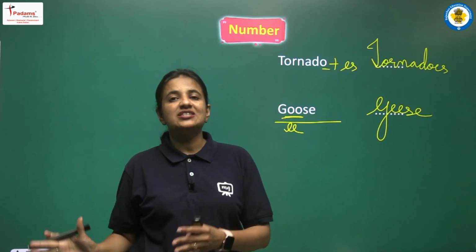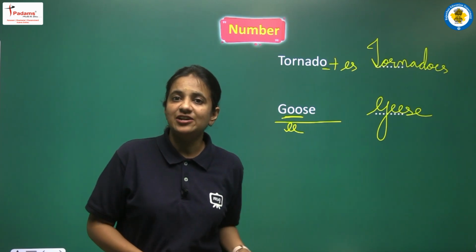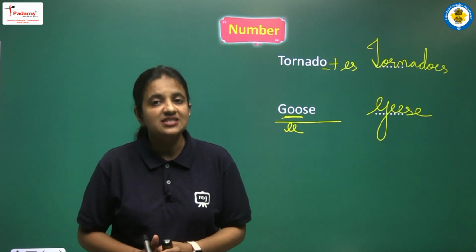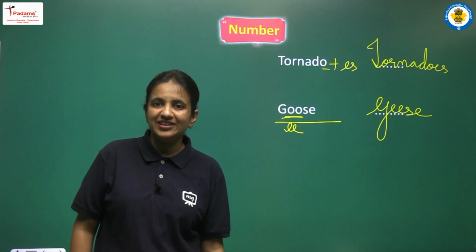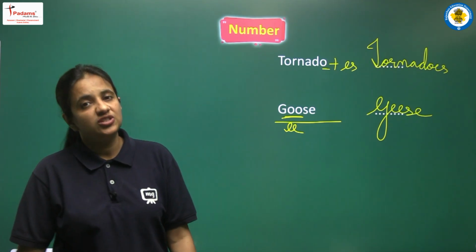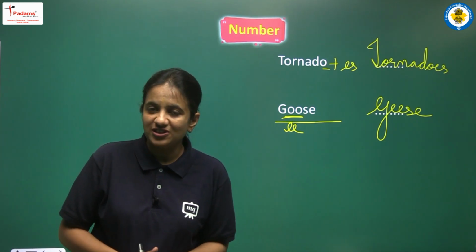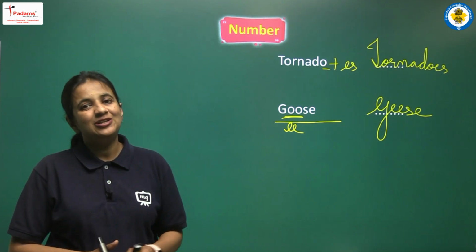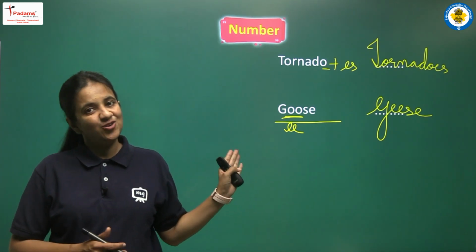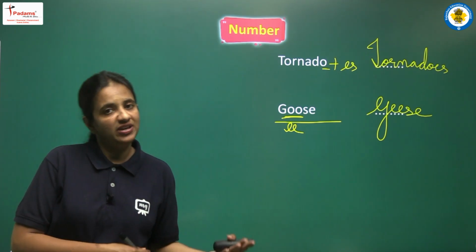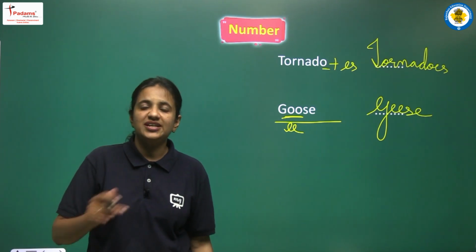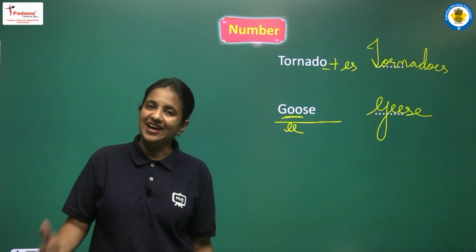Learn all the rules, go through all the examples that we have done, all the exceptions, and yes, the irregular nouns are also very important, they are very tricky actually. So just learn all the rules first of all, and then you will be able to do all the conversions. Then you will be able to convert all the singular nouns into plural nouns, or we can say you will be able to change the number of the noun.